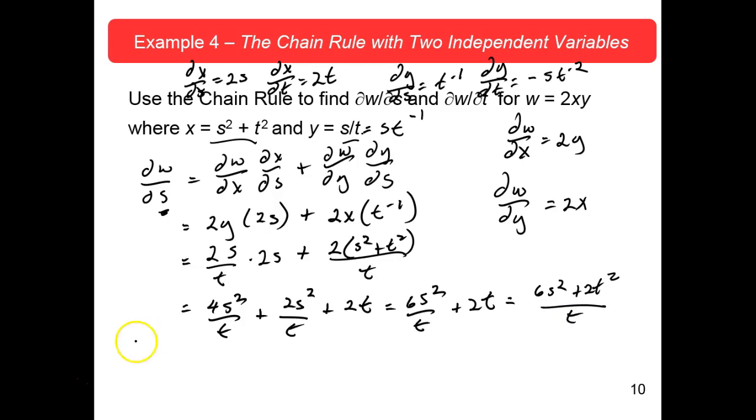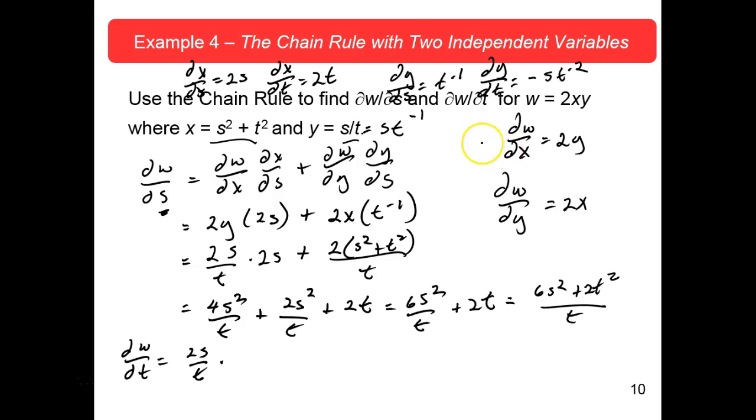All right. Now, if I have room, I'm going to try to do this too. Partial of w with respect to t would be the partial of w with respect to x. We already know that. That's our 2y. But the 2y is 2s over t, just like it was there, times, but now it's the partial of x with respect to t.